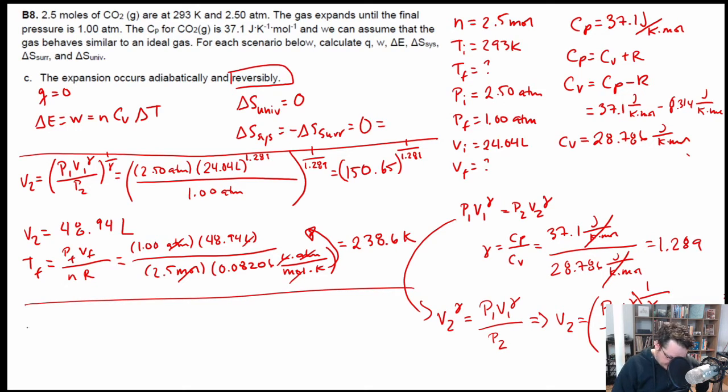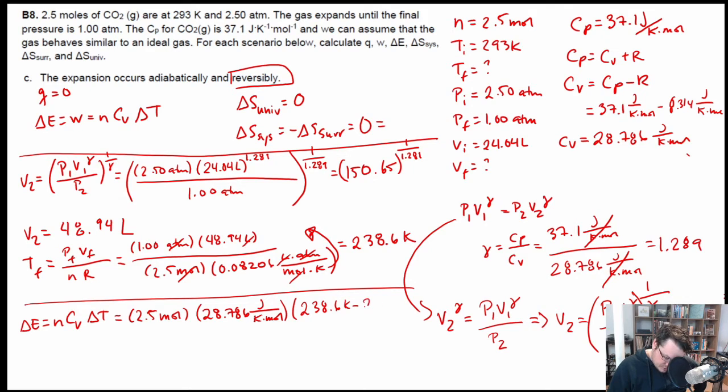So now we can just simply calculate delta E is equal to N Cv delta T. And so the number of moles is 2.5 moles times Cv, which we calculated up here, which is 28.786 joules per Kelvin mole, times change in temperature, which is 238.6 Kelvin minus 293 Kelvin.